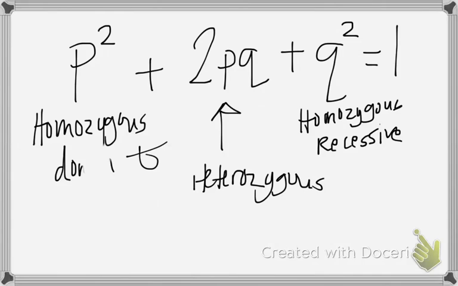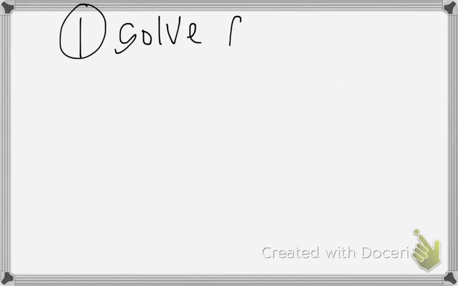Let's practice real quick, and I actually want you to write this in. When you're solving this, there's a couple rules I always want you to follow. Number one, always solve for Q squared first.